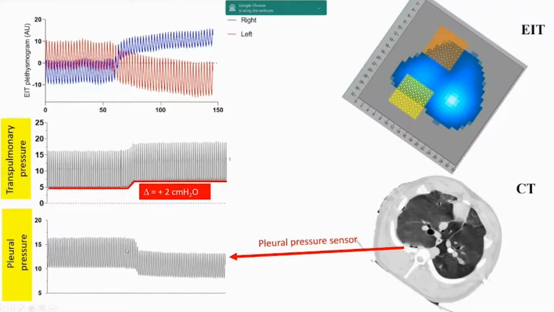So there was a drop in pleural pressures, meaning that this surrounding pressure is now more negative or less positive. As a result, the transpulmonary pressure that represents the distending pressures of the alveoli in those regions is going to increase. And this is exactly what explains why this blue line increased in EIT, because all these lung regions are now much more distended.